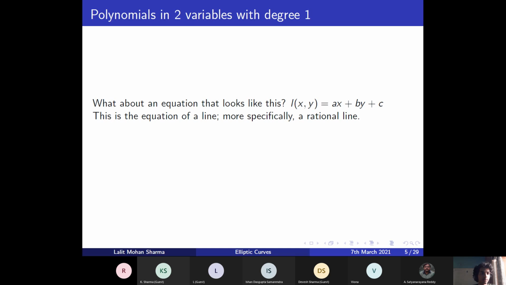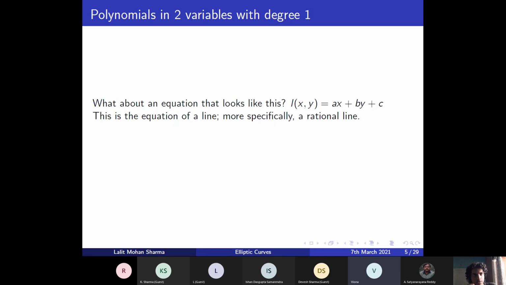Although it also depends on whether A, B, C are zero or not. Viana, you want to say something? If both of them are non-zero, you can put x equal to c by a and y equal to minus 2c by b.